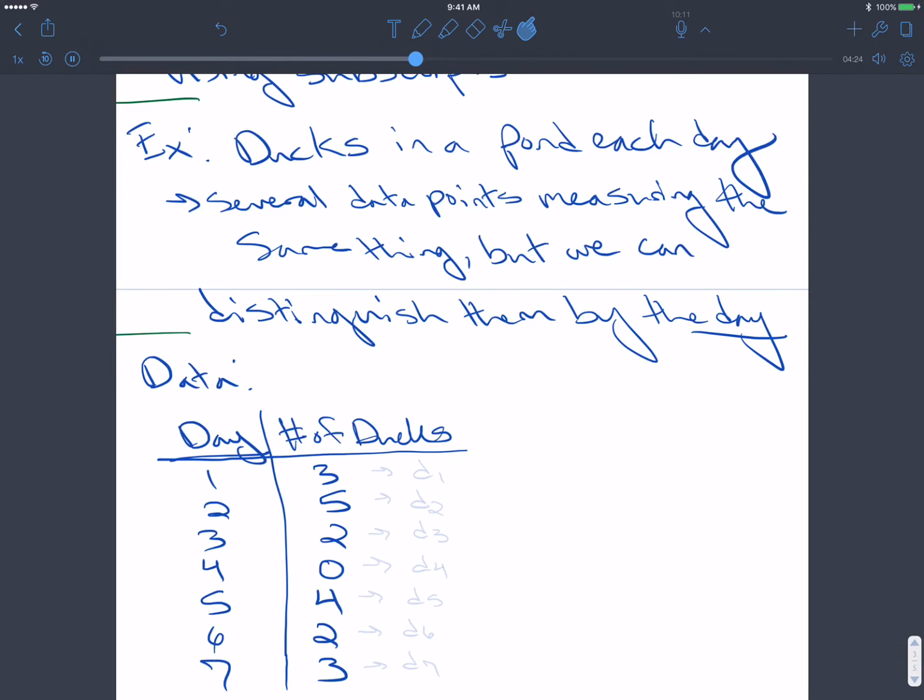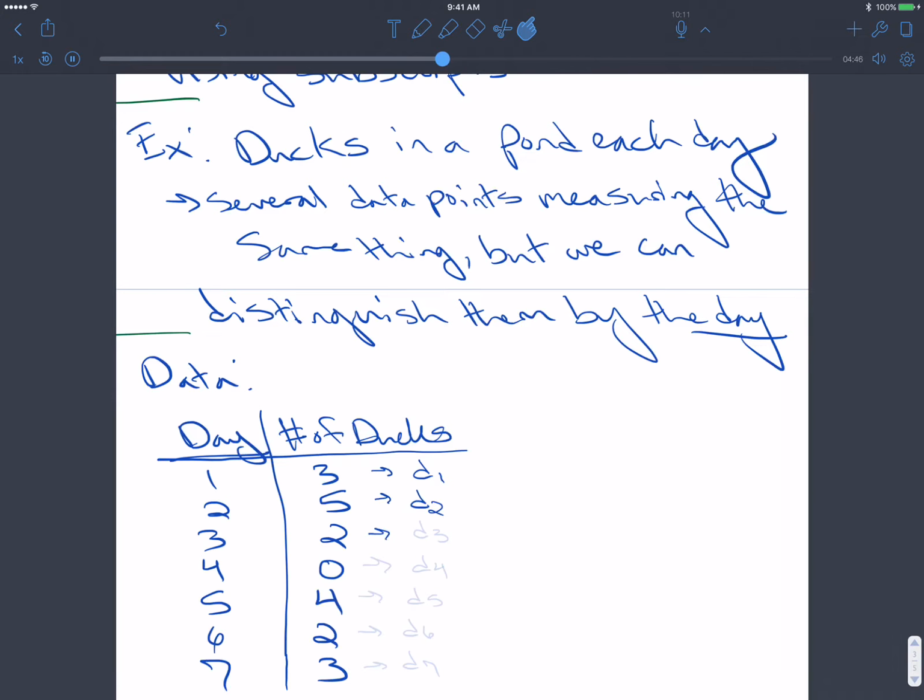So we can refer to each of these data values using subscripts. So this is a number of ducks, which means that I would naturally want to call it D, but I have 7 different measurements. So the number of ducks on day 1 would be D sub 1. The number of ducks on day 2 would be D sub 2.